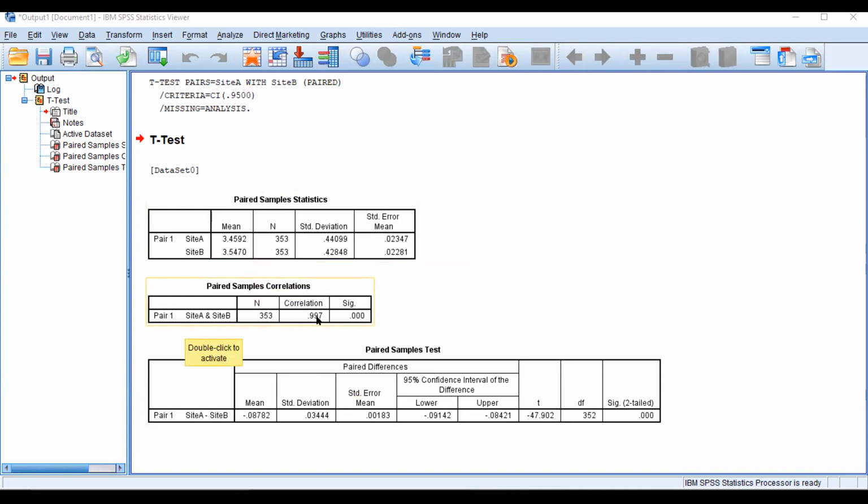It shows that site A and site B are highly correlated with each other, and significantly so, because the p-value is less than 0.05.